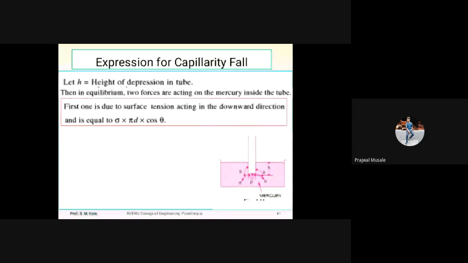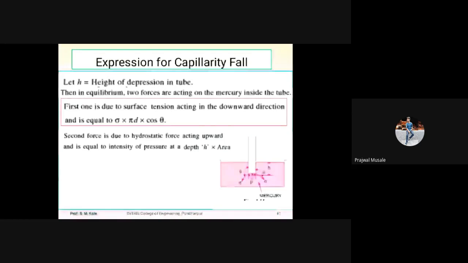And as I have to consider the vertically downward component of that surface tension, it will be equal to sigma into pi d into cos theta.